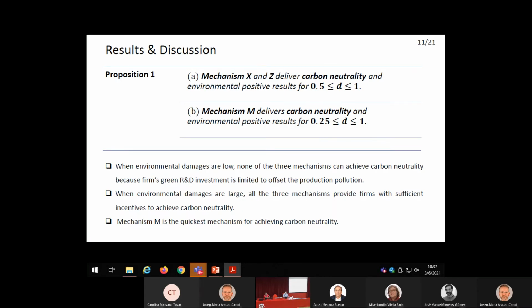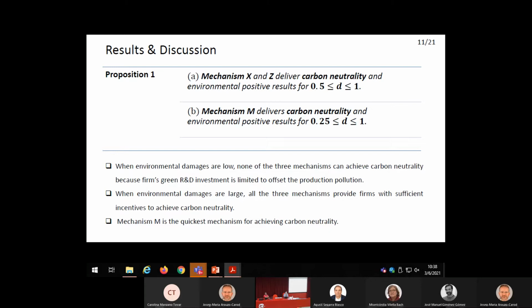So from proposition 1, we found when environmental damage is very low, that is D less than 1/4, none of the three mechanisms can achieve carbon neutrality because firms don't have a motivation to do the green R&D investment. Why? Because the cost of cleaning is very low, so no mechanism can achieve carbon neutrality.